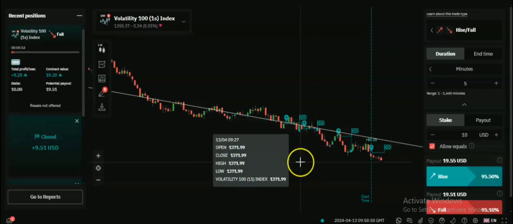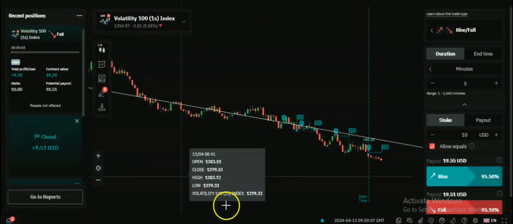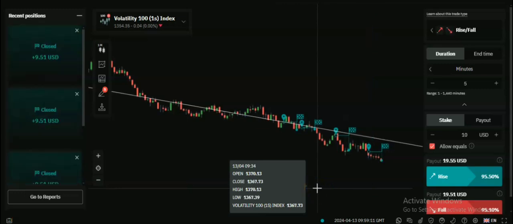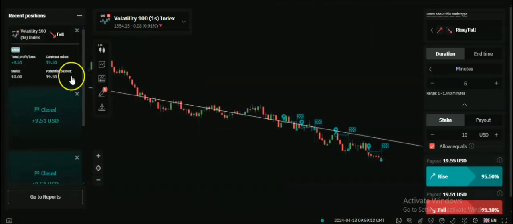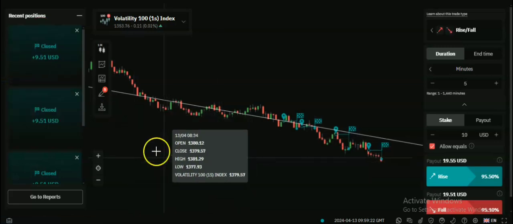So you are going to learn how to be patient and how to be persistent, so that you can learn. I found this easier to understand than the tick analysis, although since it takes time, you can see that I have to use a 5 minutes time frame for the trade to expire.